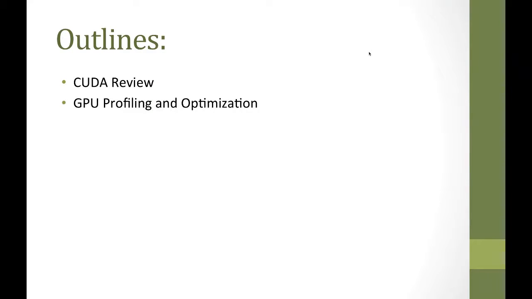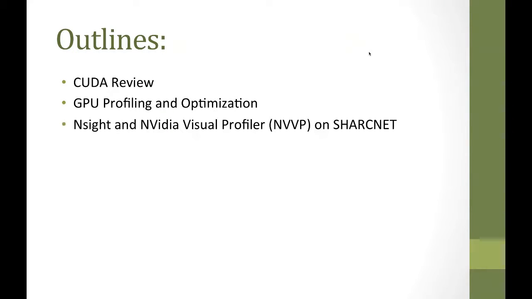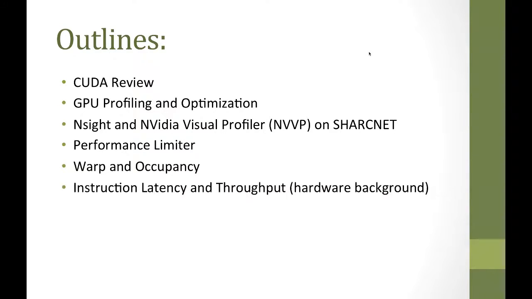In this webinar, I will briefly talk about some CUDA review and give you some idea behind GPU profiling and optimization. I will also cover how to use Nsight or Nvidia Visual Profiler on SHARCNet machines. The very important thing I want to introduce to you is the performance limiter, the warp, and the occupancy.